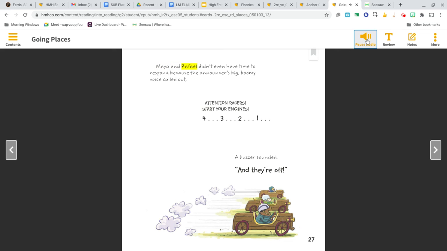Maya and Raphael didn't even have time to respond because the announcer's big boomy voice called out, "Attention racers, start your engines. 4, 3, 2, 1." A buzzer sounded, and they're off.